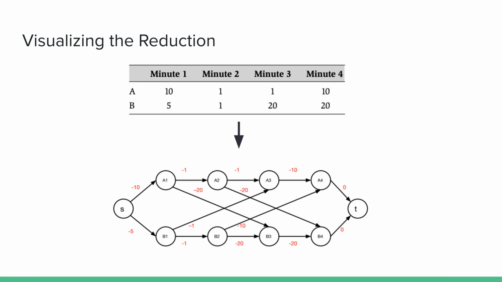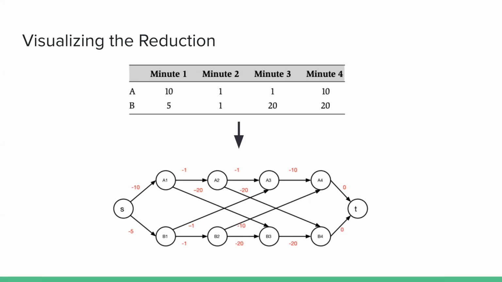The weight on the edge is the negative of the value I get by choosing that machine at that time. From time 0, if I choose to start with machine A, then I get a value of 10, and so the edge has a weight of negative 10. When I find the shortest cost path from S to T on this graph, I end up with the same optimal value that I would get from the optimal schedule.